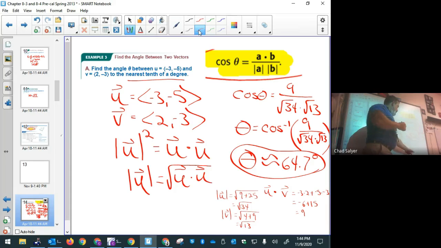So that's where these values came from. 34 is U dot U, so the square root of 34 is the magnitude of U. And then 13 is V dot V, and so the square root of 13 is the magnitude of V. Good question. Other questions?